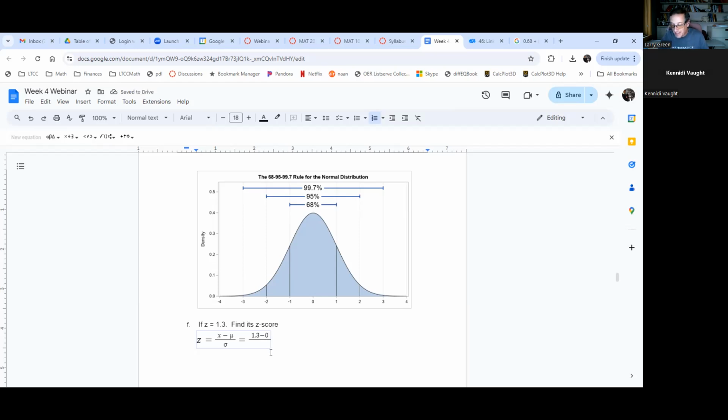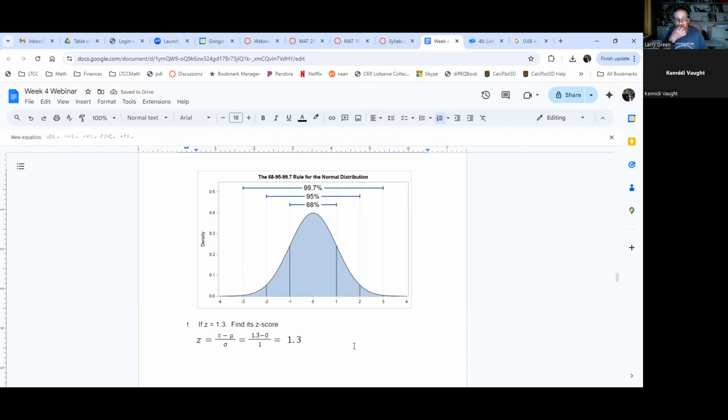And the standard deviation, divided by the standard deviation, that's the 1. This is really easy. What is 1.3 minus 0 divided by 1? You don't need a calculator for this one. You should be able to get this one. What's 1.3 minus 0 divided by 1? 1.3.